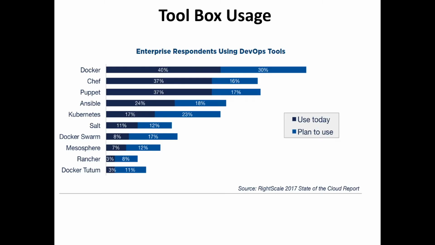There are a lot of tools available in the toolbox. This is just from the RightScale cloud report on how DevOps tools are used in the industry, statistics based on the survey.